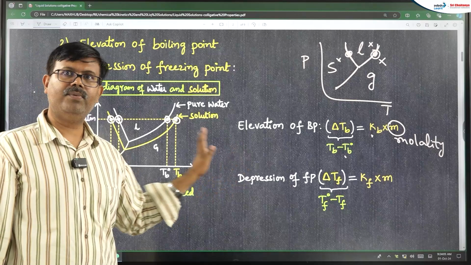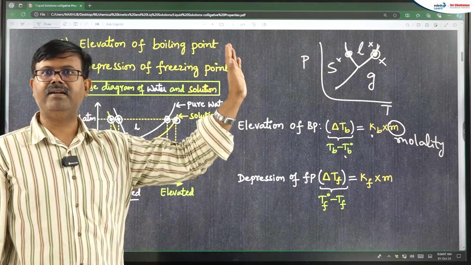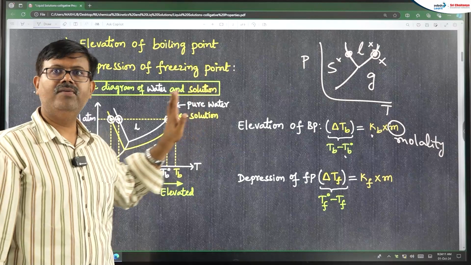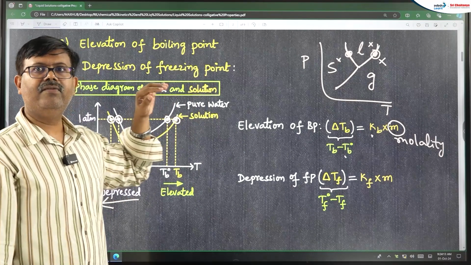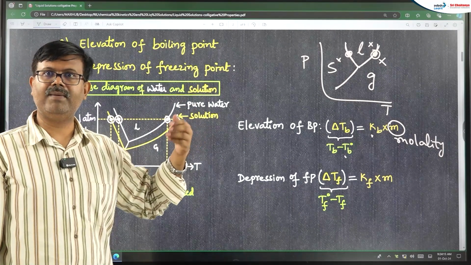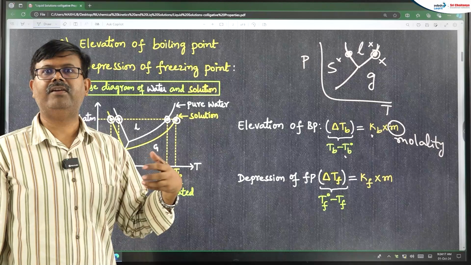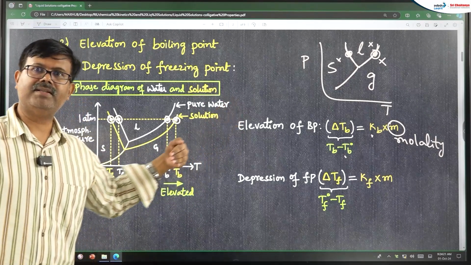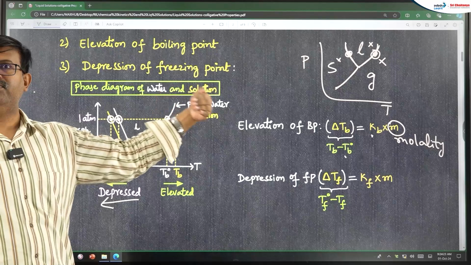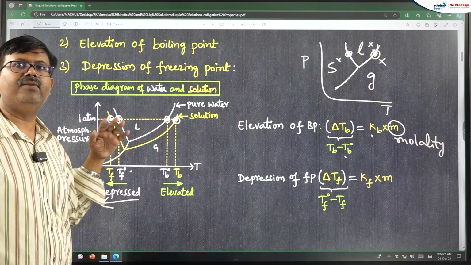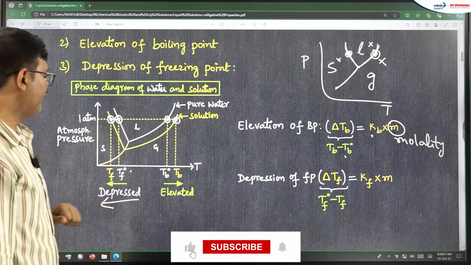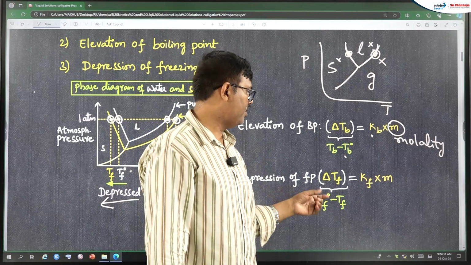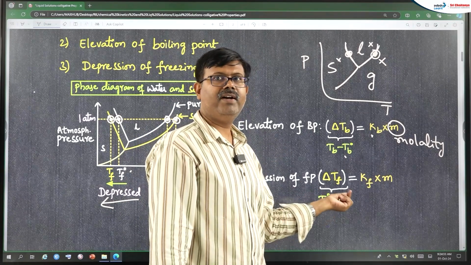The boiling point is elevated from the pure scenario to the solution scenario, whereas in the freezing case, the freezing point, meaning the temperature at which the solvent liquid water freezes, has depressed or decreased from pure water to the solution scenario. This is the depression of freezing point. Depression means initially the value is more, finally less.